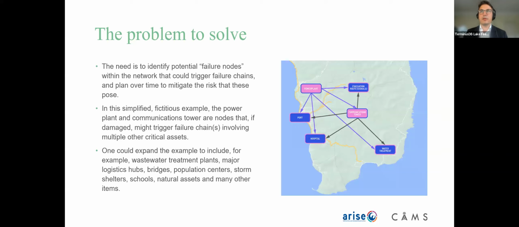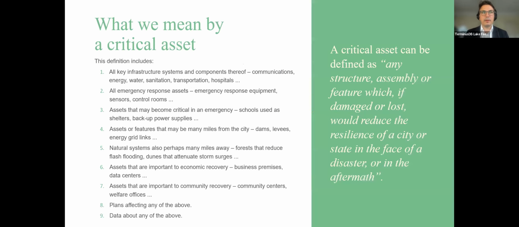And obviously those are all incredibly critical. And so the idea is that you'd get a much better idea of what you should prioritize in terms of immediate response to a disaster. There's no point repairing the hospital if it can't come back online because the power plant is still down.